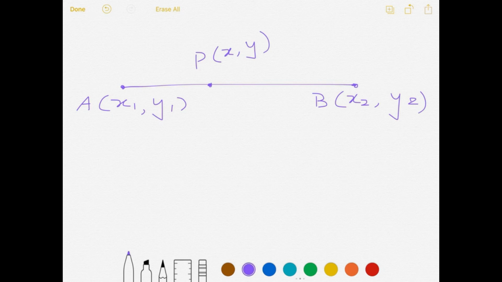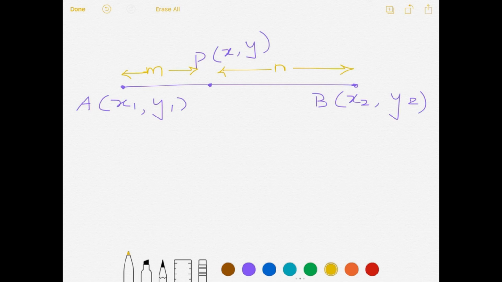It is dividing the line segment AB in a certain ratio. Let us call that ratio m is to n. That means this is m and this is n. It is dividing the line segment AB in the ratio m is to n from the point A.